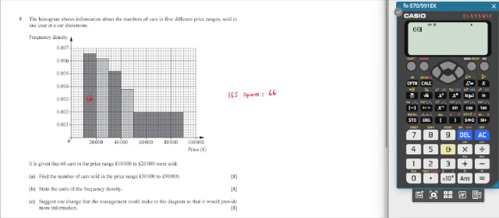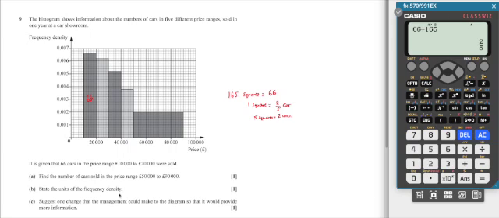So 66 divided by 165 is 2/5. So 1 square is 2/5 of a car. So every 5 squares is 2 cars. That's useful information to us.